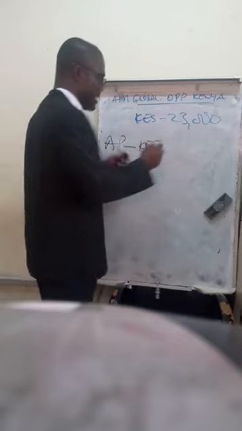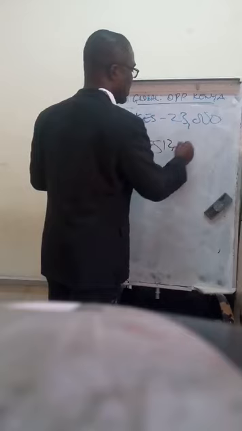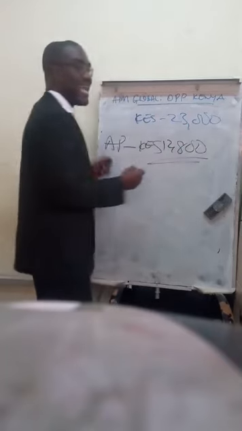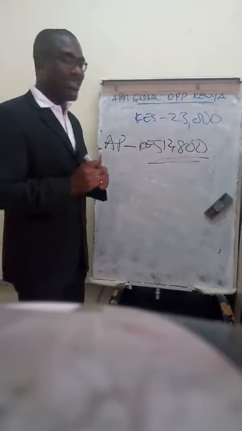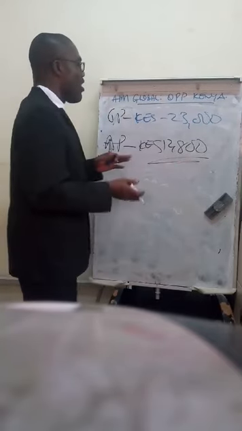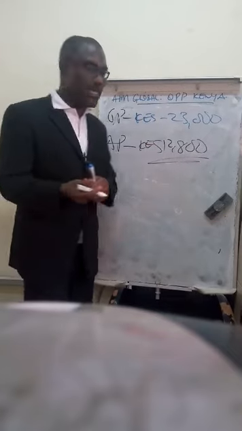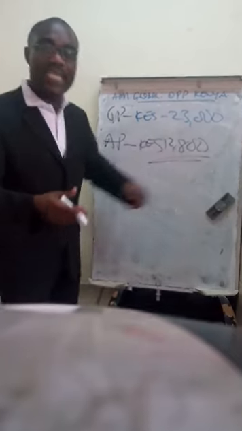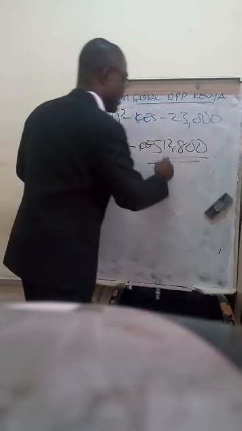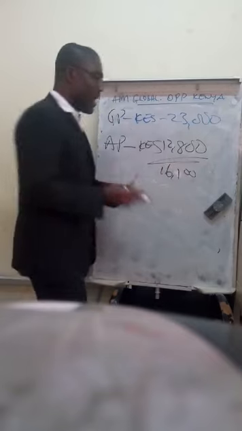And the associate package goes for 12,800 shillings. So if you can't afford 23,000, which is the global package, go for the associate package, which is 12,800. The products in that one cost 16,100 shillings.